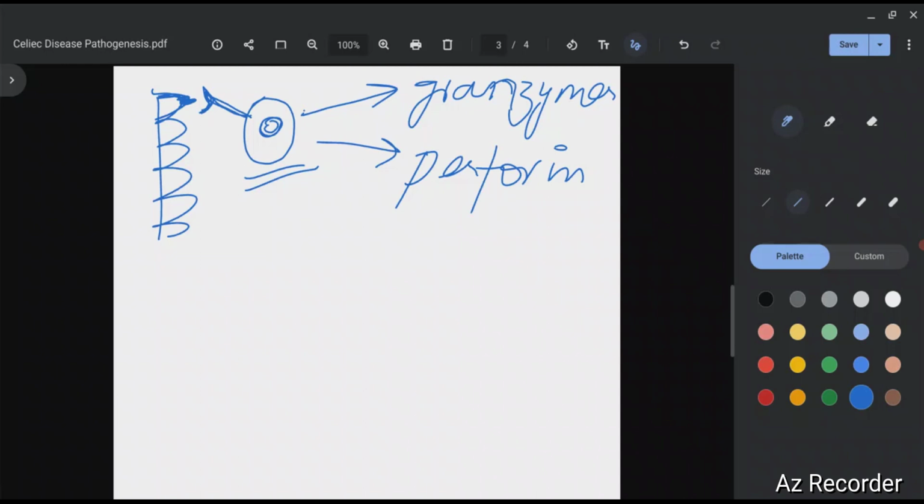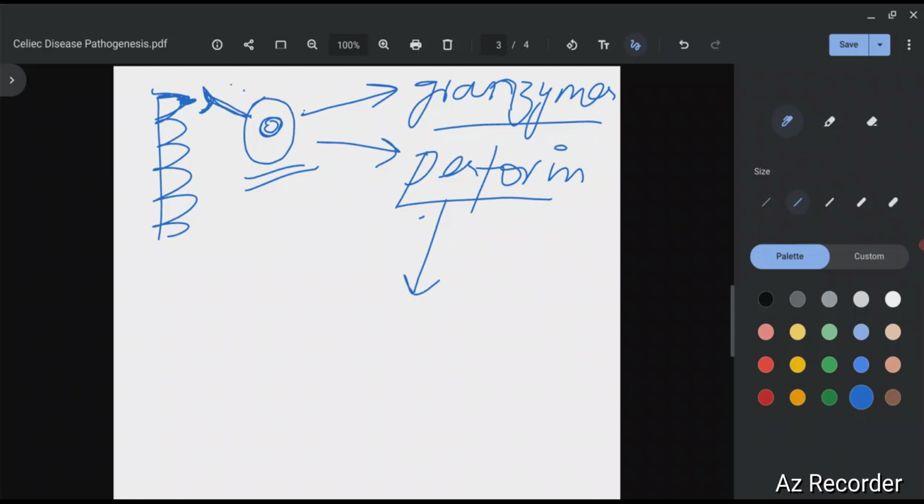This is unlike macrophages and neutrophils, which, if they want to kill some antigen, will first phagocytize it, and then secrete lysosomal enzymes and reactive oxygen species. So the mechanism of cytotoxic T cells is to secrete granzymes and perforins. Perforins will create holes in the cell membrane.